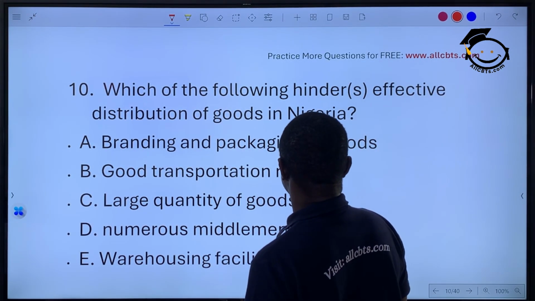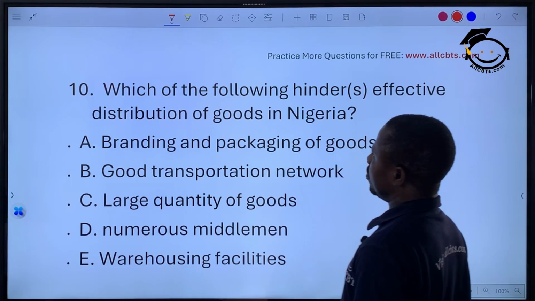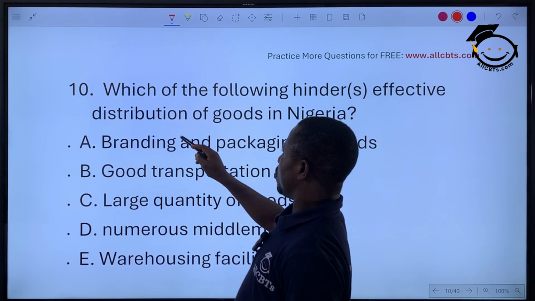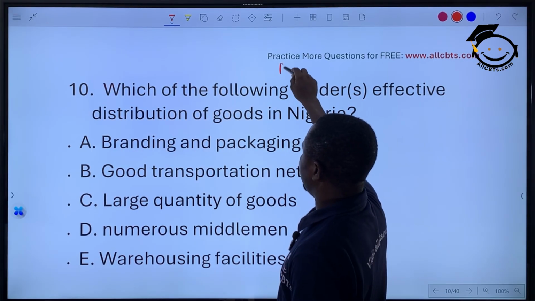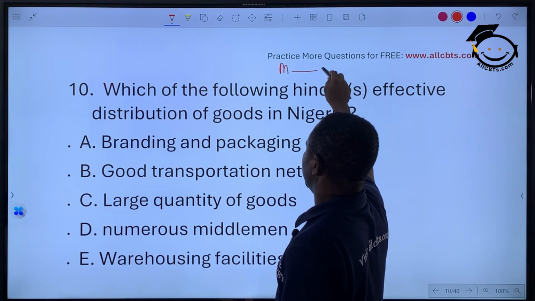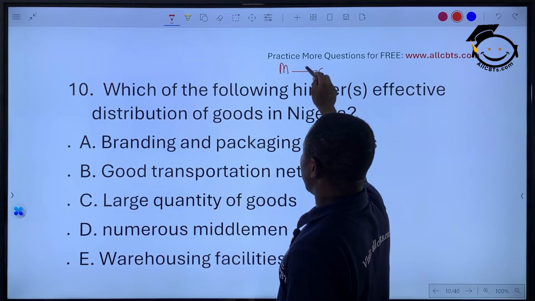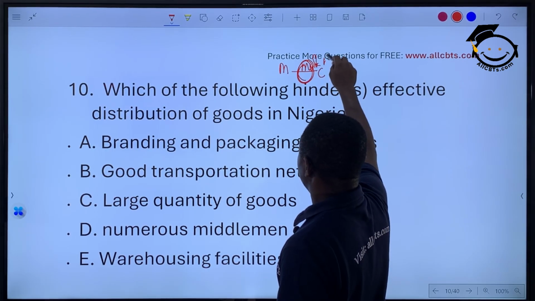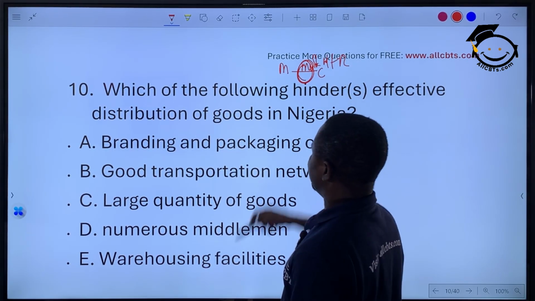Which of the following is an obstacle to the effective distribution of goods in Nigeria? You know, distribution of goods means moving the goods from the manufacturer to the consumers, right? But something happens in between because we have the middlemen. Who are the middlemen? The wholesalers and, of course, the retailers.